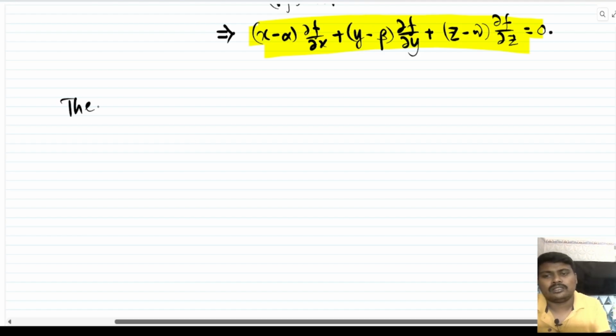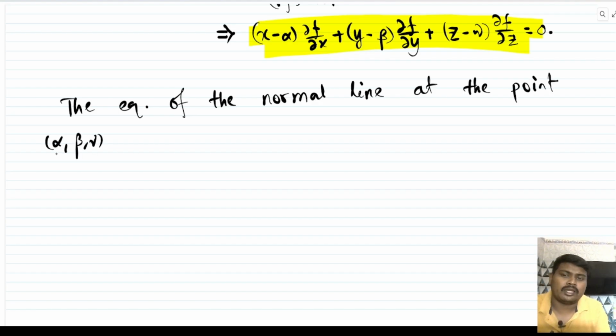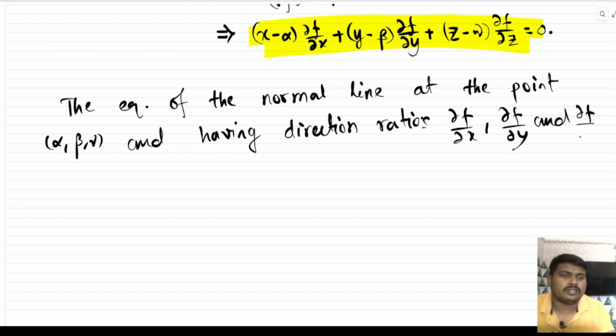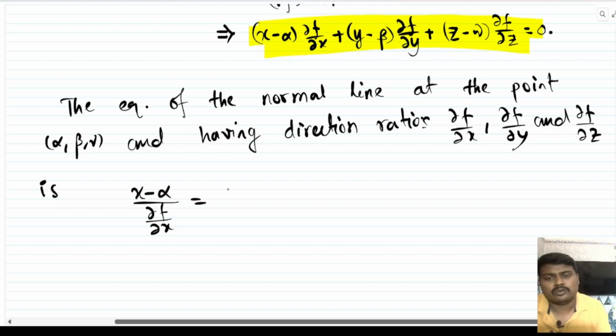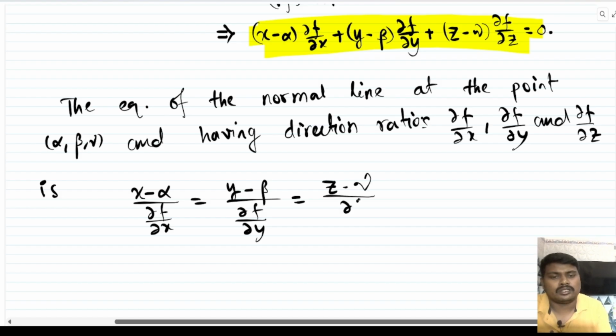Therefore, the equation of the normal line at the point (alpha, beta, gamma): the normal line passes through the point whose coordinates are (alpha, beta, gamma) and has direction ratios ∂f/∂x, ∂f/∂y and ∂f/∂z, so it is (x − alpha)/(∂f/∂x) = (y − beta)/(∂f/∂y) = (z − gamma)/(∂f/∂z).